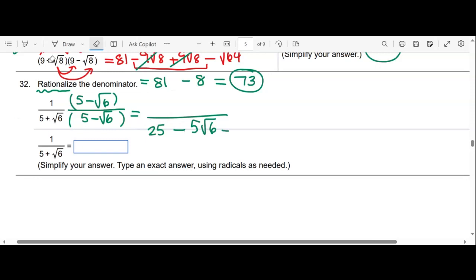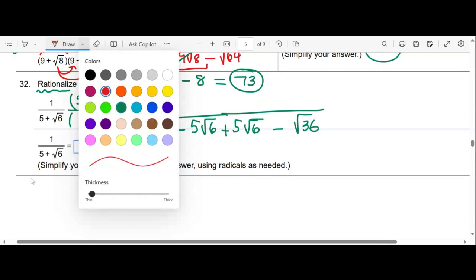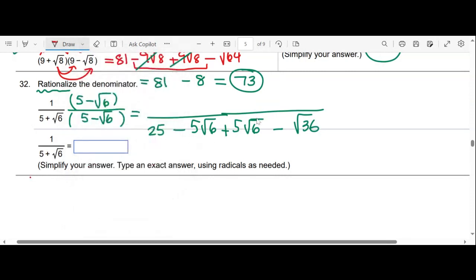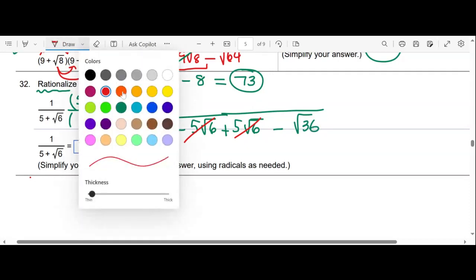Okay, and this times this gives you positive 5 square root of 6. And square root of 6 times square root of 6 gives you negative square root of 36. Now, can I kill? So we kill this. Now, what's the square root of 36? 6.